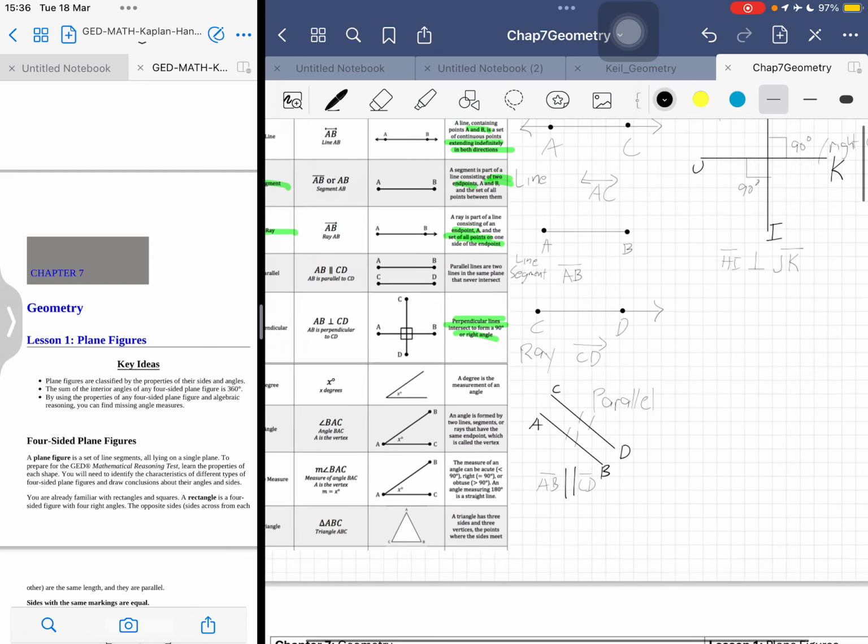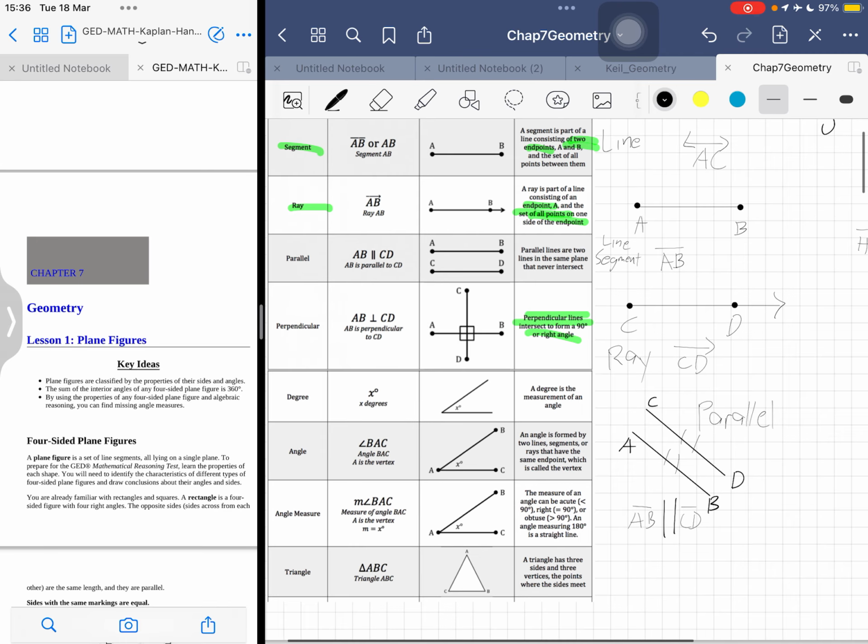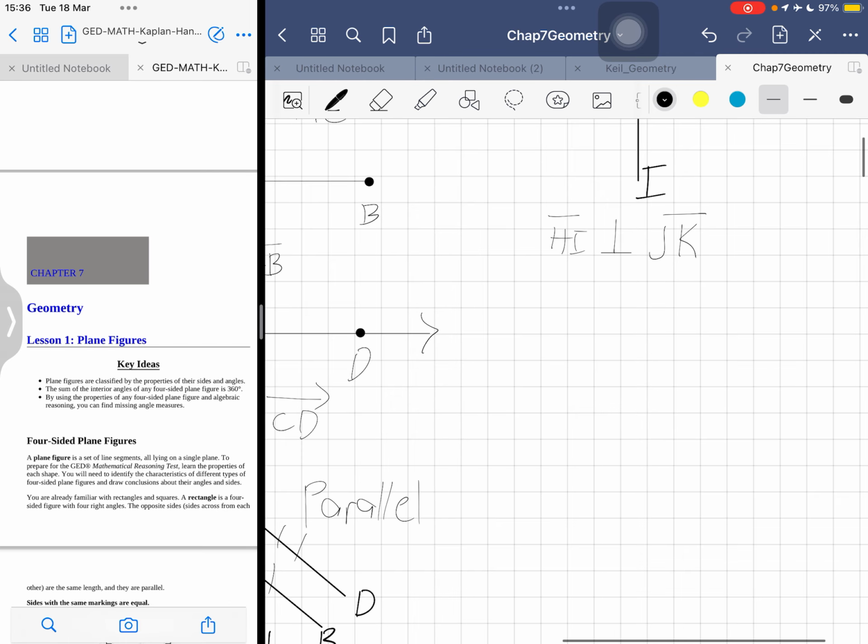Let's continue until we get to degrees, which is the measurement. For example, if we have point A, then point B, then point C, A, B, C, and you connect them together.